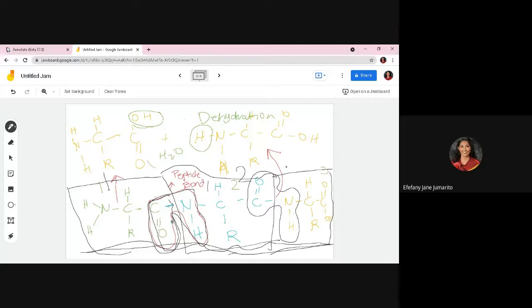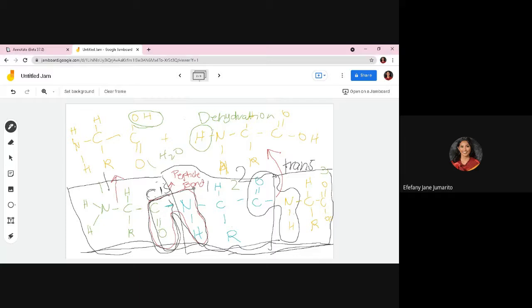The second is trans. Of the 2, the correct one is the trans configuration, so the peptide bond is in trans configuration.